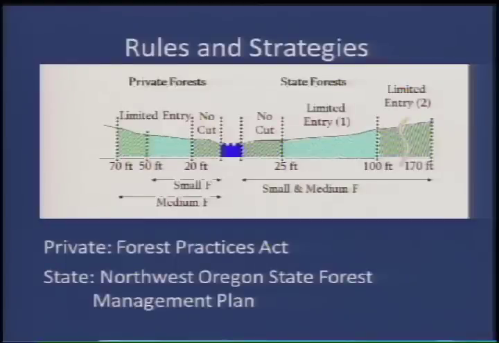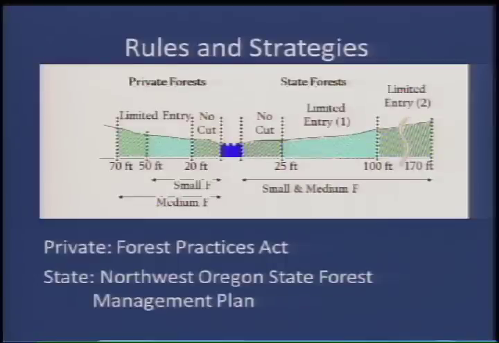The F stands for fish-bearing. And a 50 or 70-foot limited entry buffer depending on stream size. And when I say limited entry, what that means is we're seeking a certain basal area around those streams of conifer trees. If the basal area is met within an area narrower than 50 or 70 feet, then you can go in and harvest the remainder.